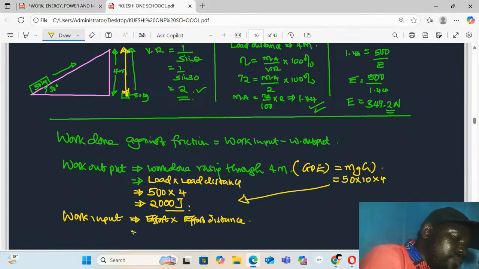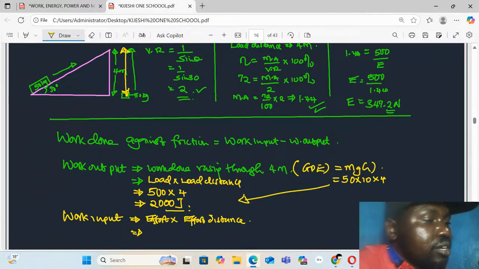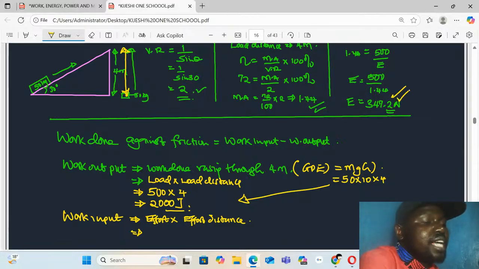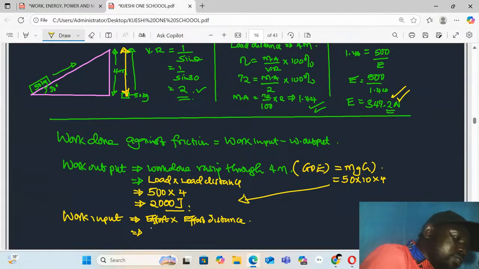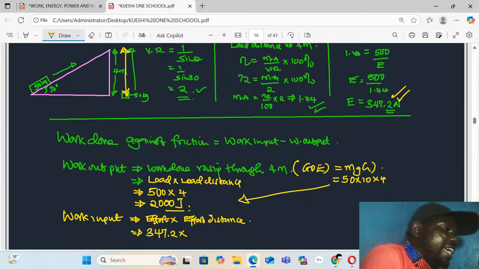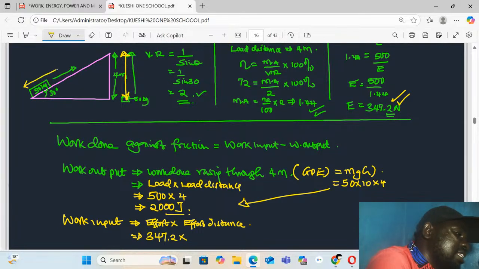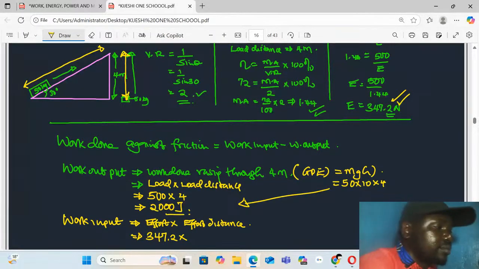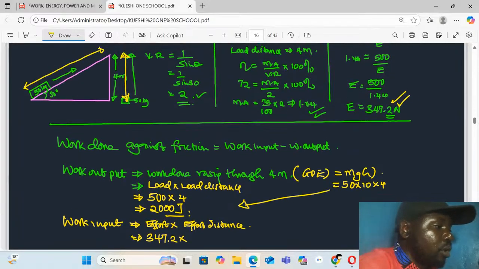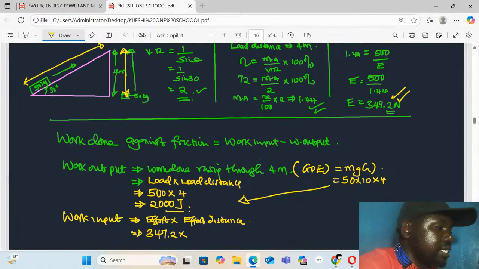And what is it now? Our effort, we have seen that we got it as 347.2 newtons. So we say 347.2 newtons times a distance that we have not calculated, but we shall be arriving at it. So it is this distance in that manner. How will we arrive at that?